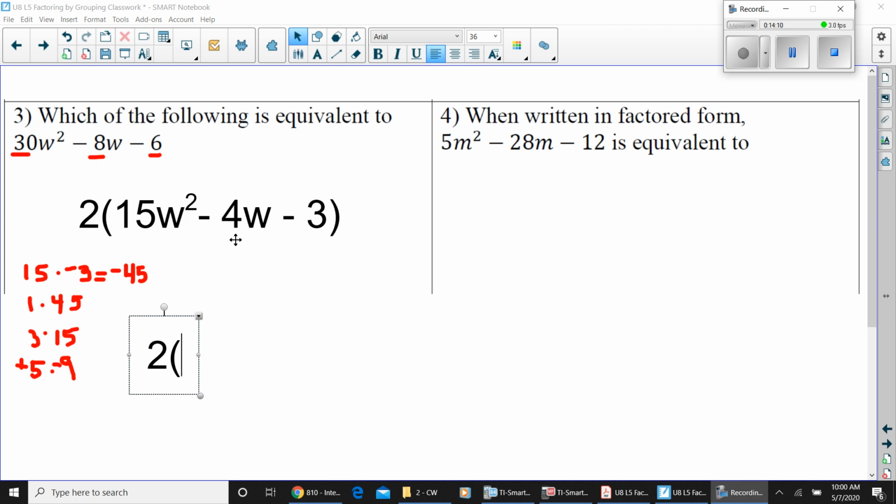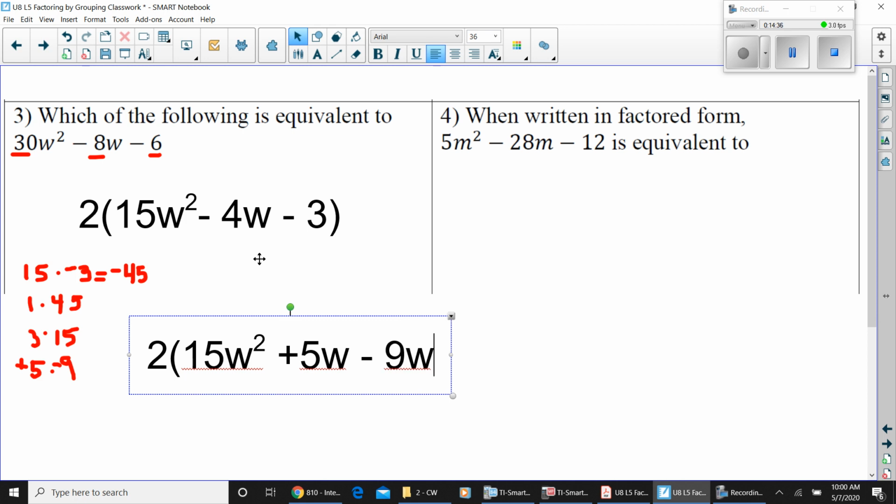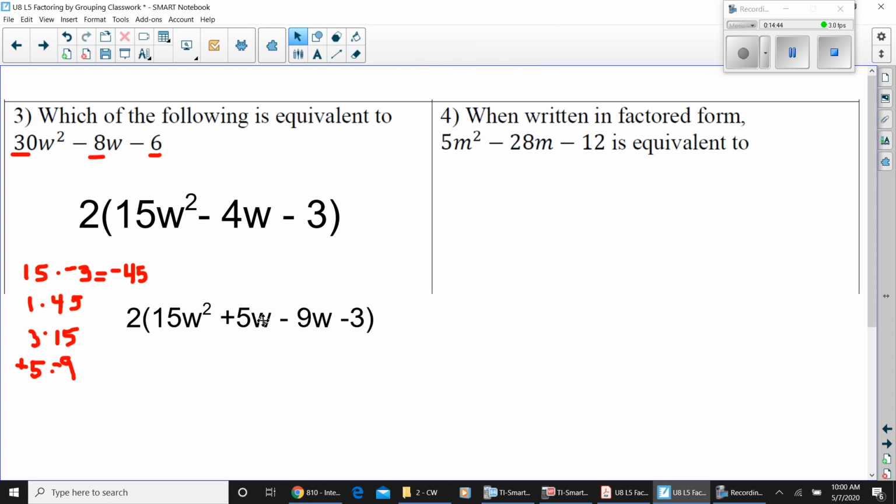I'm going to copy down the 15W squared. Then instead of the negative 4W, I'm going to put plus 5W minus 9W. And then I'm going to copy down that minus 3. Then I'm going to just take this.